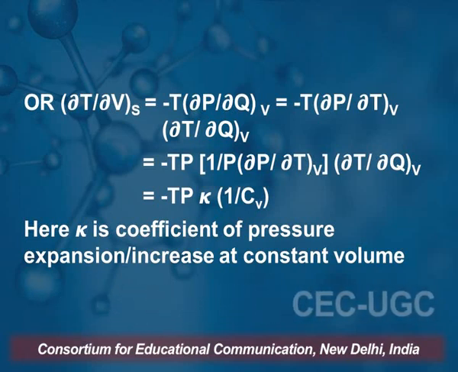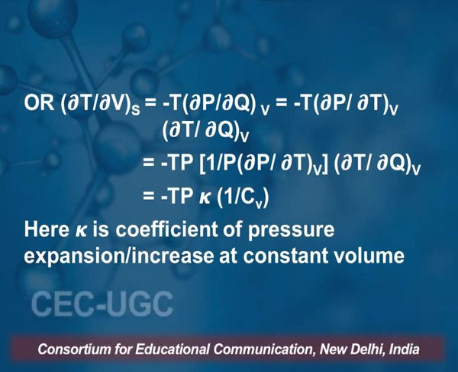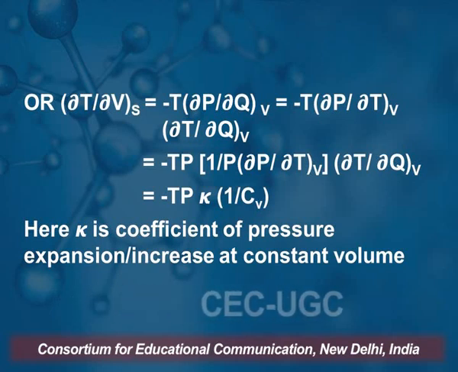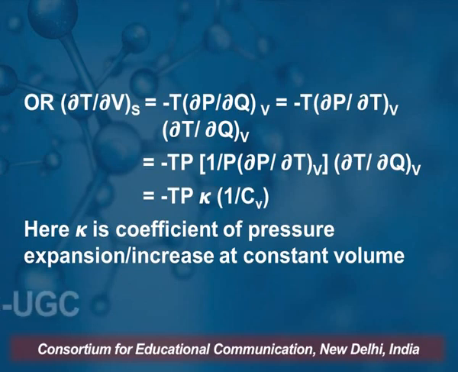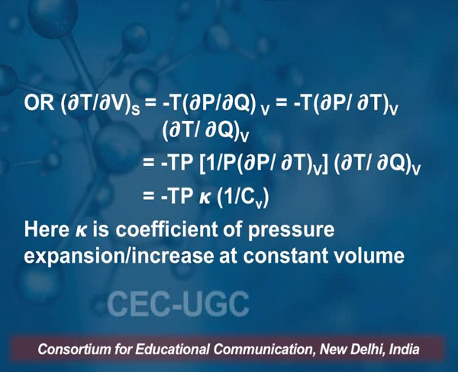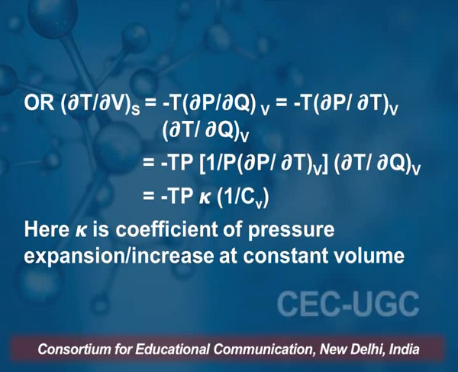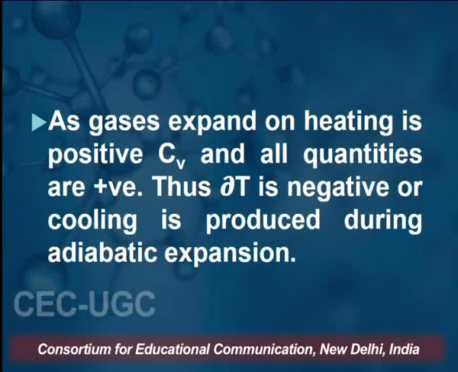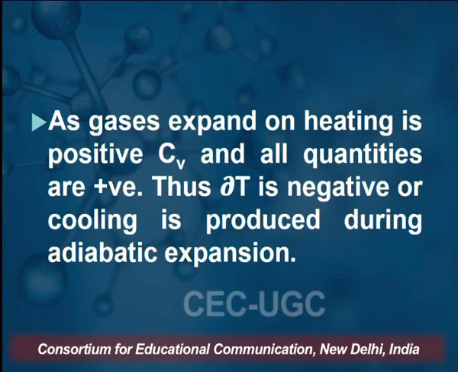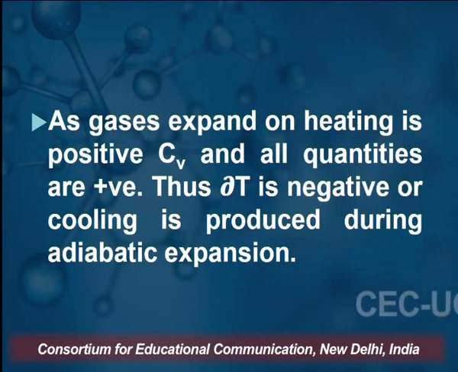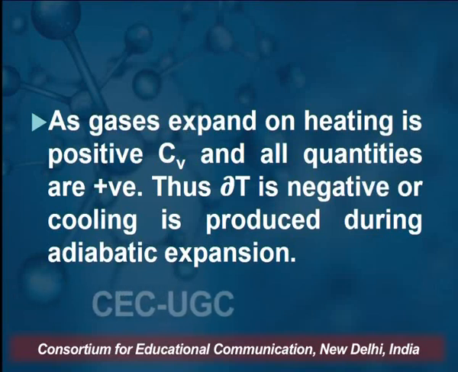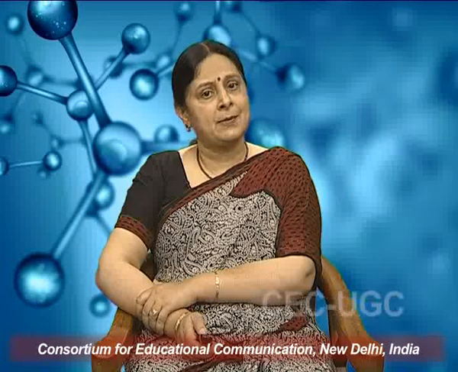You will appreciate why I have multiplied and divided by P by the following explanation. (1/P)(∂P/∂T) at constant V is called the coefficient of pressure expansion, or the increase at constant volume. Thus, we can write the above as minus T P κ (1/Cv), where Cv is ∂Q/∂T at constant V. As gases expand on heating, κ is positive, Cv and all quantities are positive, thus ΔT is negative, or cooling is produced during adiabatic expansion.